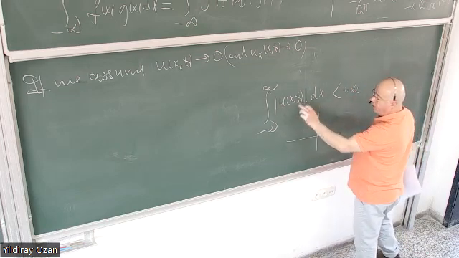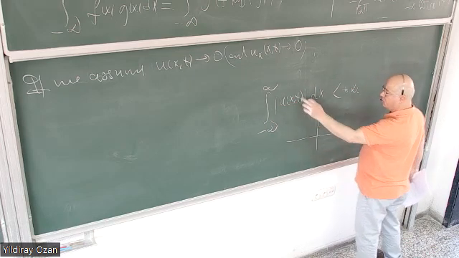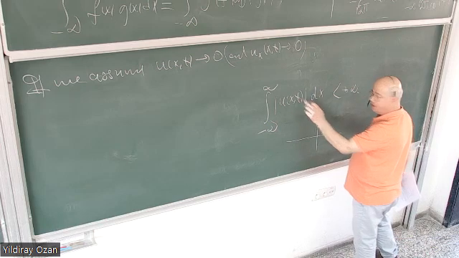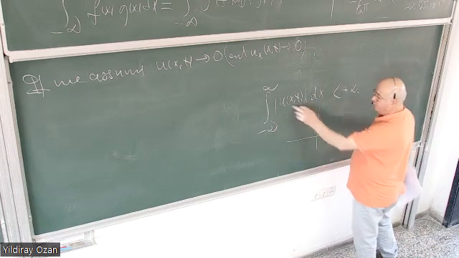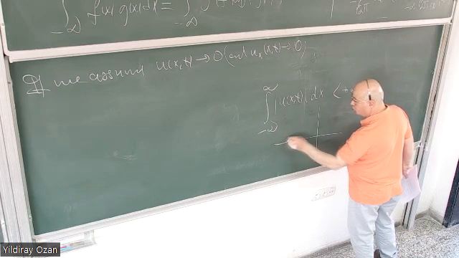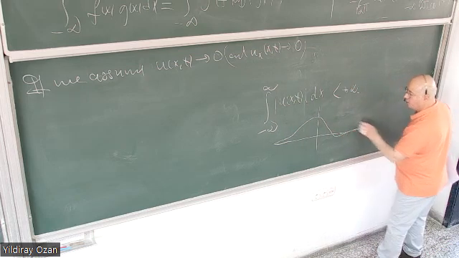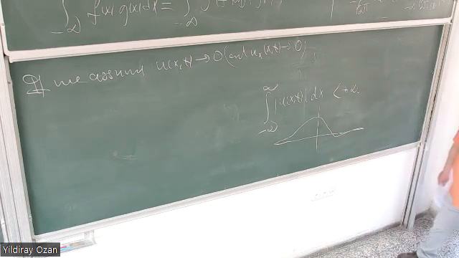Therefore, considering this as a function of x, t is like a parameter. This integral is finite means this function should go to zero, right? Otherwise this wouldn't be finite.